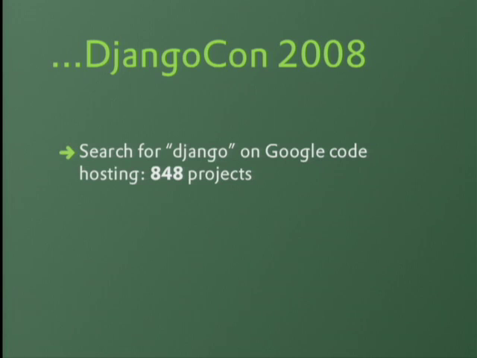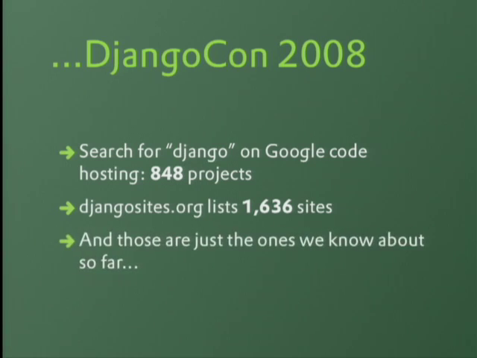DjangoCon 2008. If you go right now to Google Code Hosting and search for Django, you will find 848 projects. DjangoSites.org is going to list 1,636 sites. And that's just what we know about so far. That's 848 applications that are out there ready-made for you to drop in and use from day one with Django.